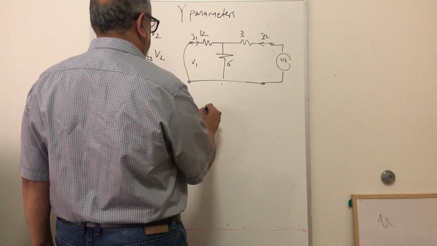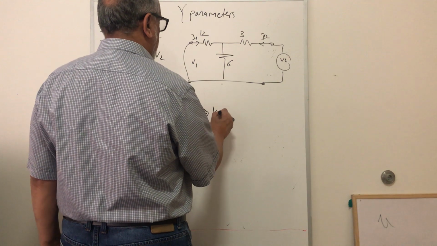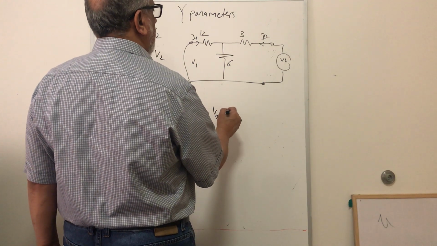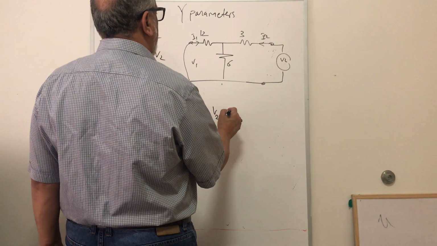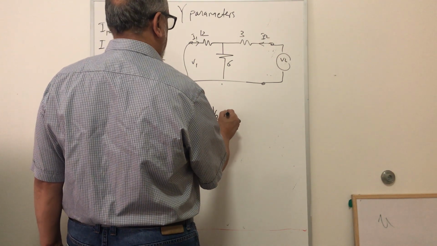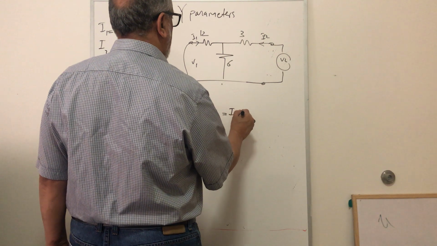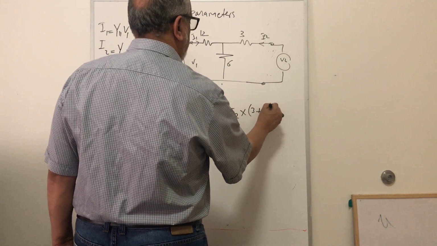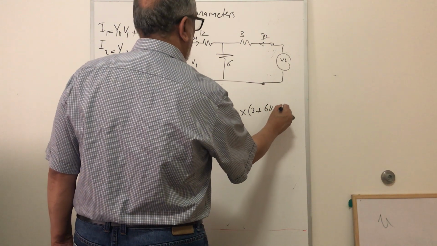So we can say that V2 is equal to I2 multiplied by 3 plus 6 in parallel with 12.